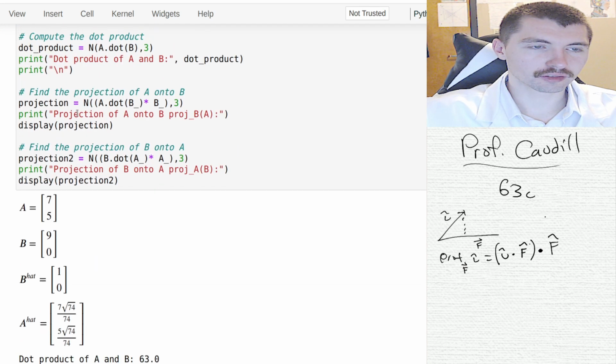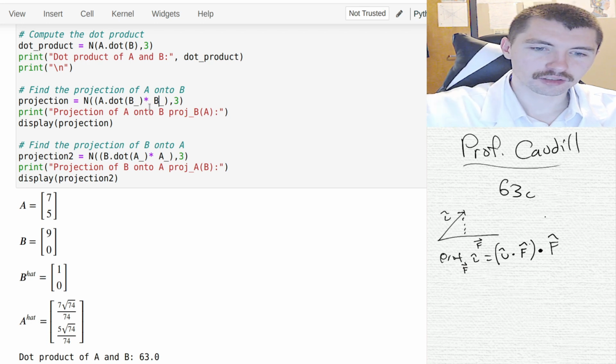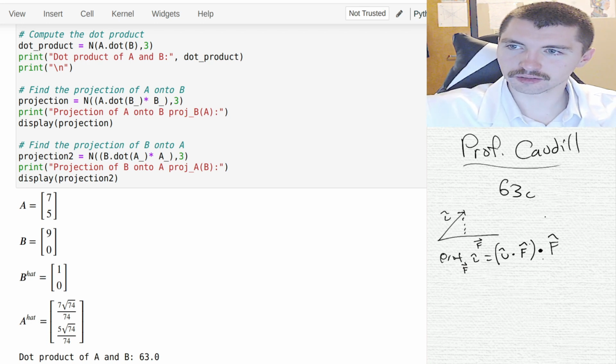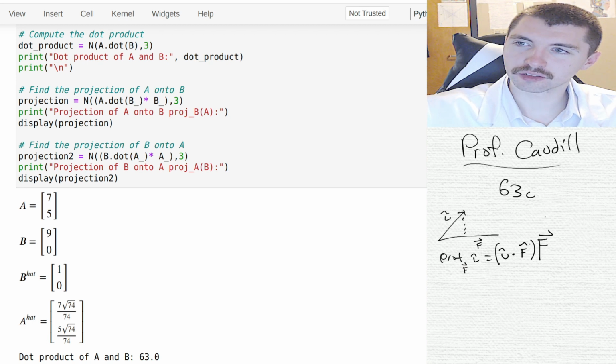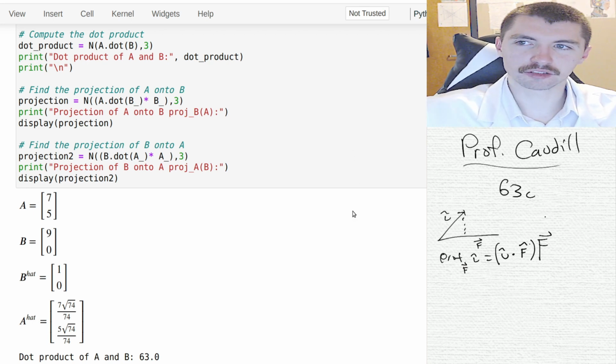So we need to find, first we need to find the values of I, but this projection formula is basically this: I hat dot F hat times F hat, because this will be a constant. And you can multiply constants by that.